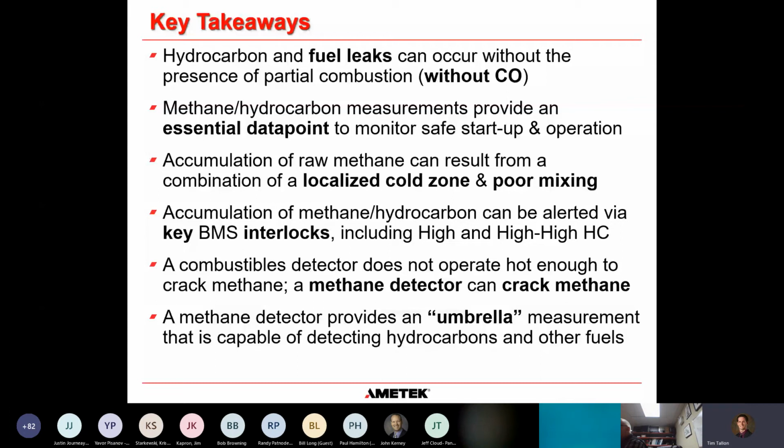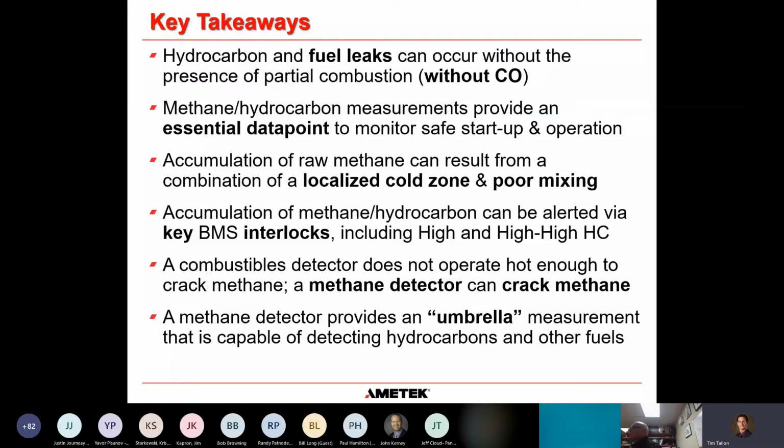And just to highlight some key takeaways from this presentation that I hope are clear at this point: you can have a hydrocarbon and fuel leak without the presence of partial combustion, without the presence of carbon monoxide. And methane hydrocarbon measurements provide an essential data point for safe startup and for operation, for a flame out, for example.